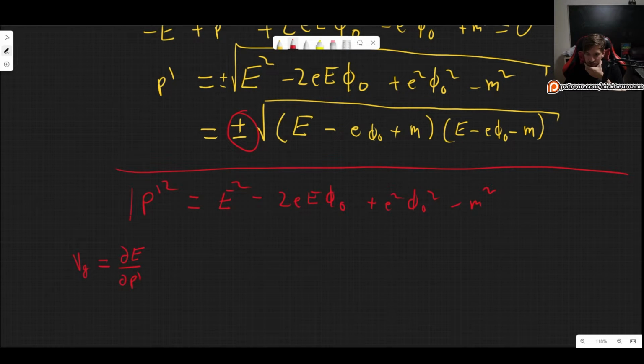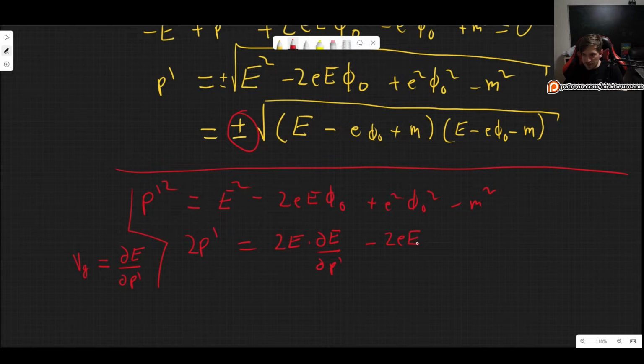Taking the derivative of p prime squared with respect to p prime, we get simply 2p prime. And then deriving this with respect to p prime, we get 2E times whatever dependence E may have on p prime, and then, by the chain rule, minus 2e.